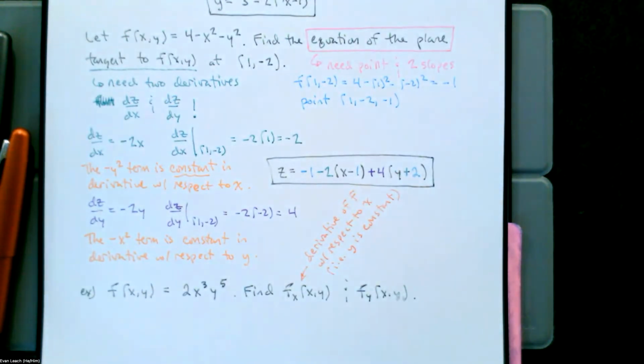And then fy at x, y is the derivative of f with respect to y, that is, x is constant. The difference with this function is that now our constants aren't terms, our constants are included with multiplication. So take a moment and find these two derivatives, even though I haven't told you how to find partial derivatives.